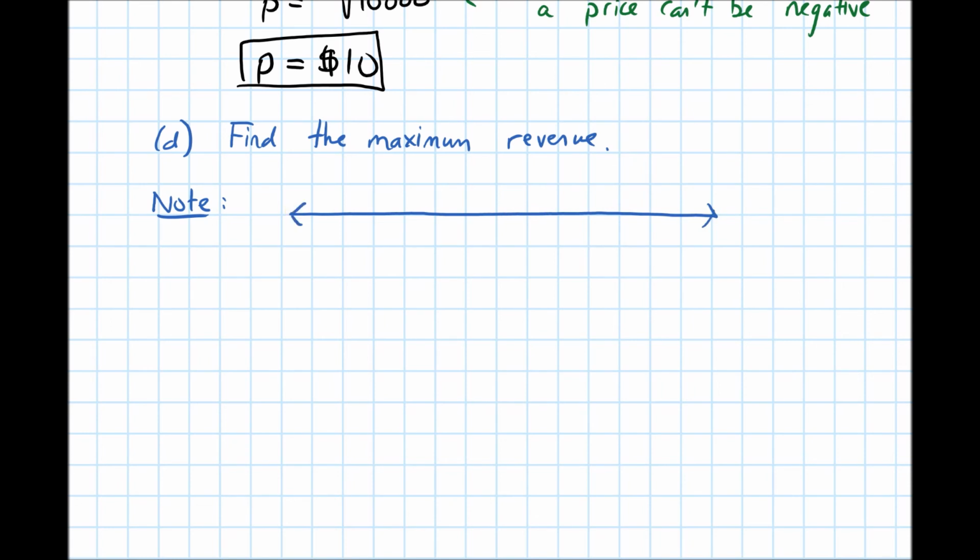I'm going to put the 10, and my variable is p, and price can't be negative, so I'll put a bracket at 0 to tell myself, don't worry about plugging in anything to the left of 0. What I'm going to keep track of is E, the value of elasticity, on either side of 10.